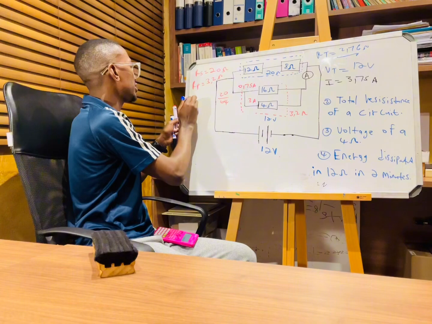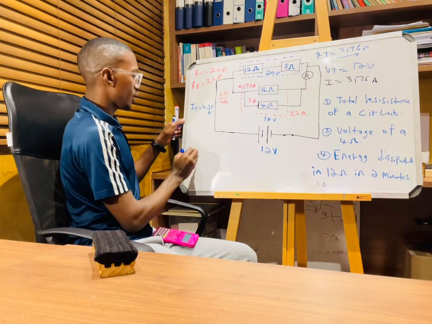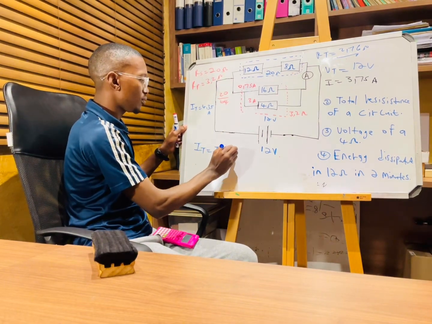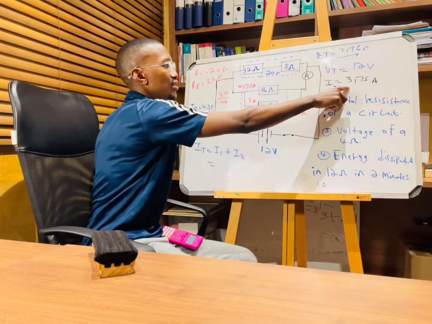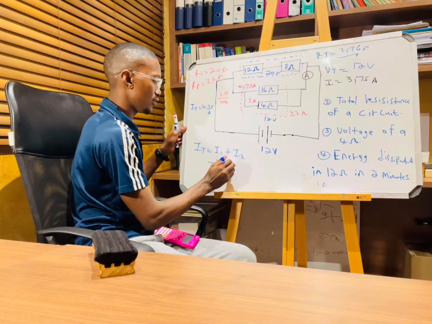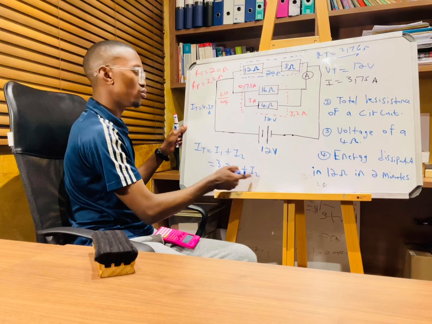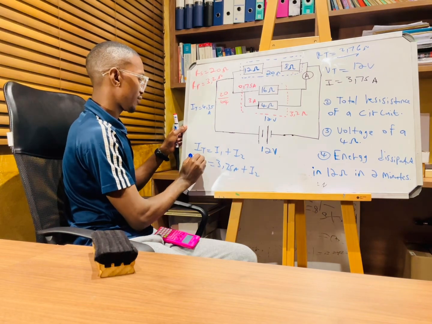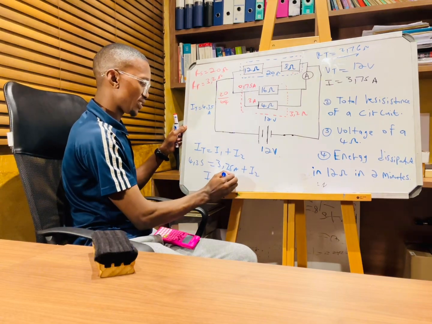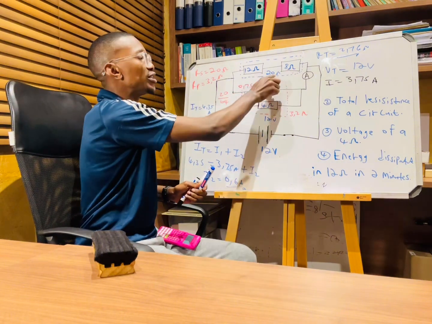The total current, IT, equals 4.35 amperes, right? Now check. IT equals I1 plus I2. My I1 is going to be 3.75 amperes, plus I2, and this one is going to be 4.35. Guys, check, what's the answer? 0.6 amperes. So 0.6 amperes is going to be the current for the 20 ohm.